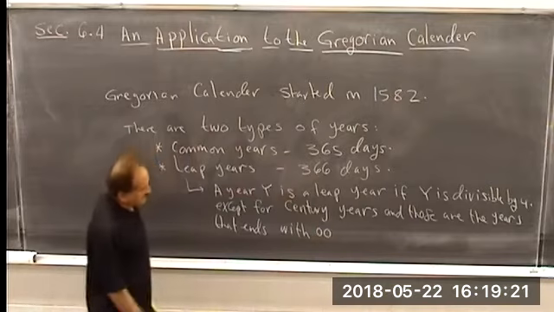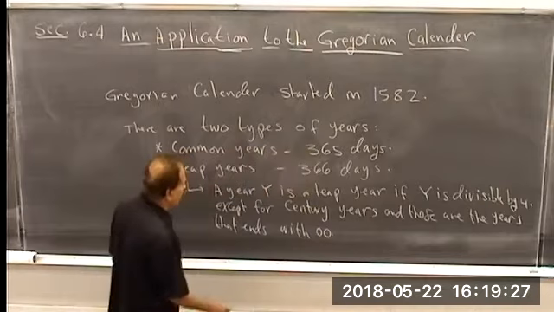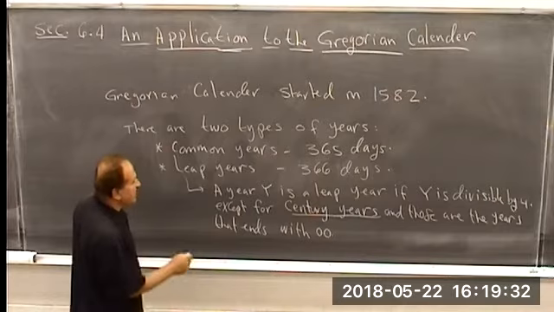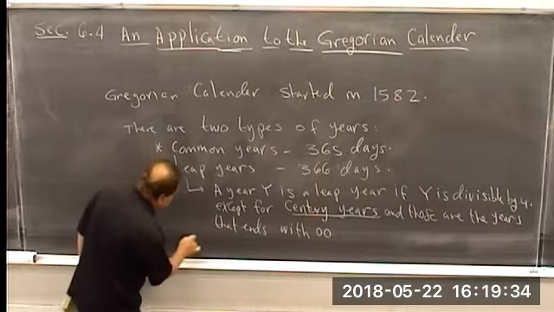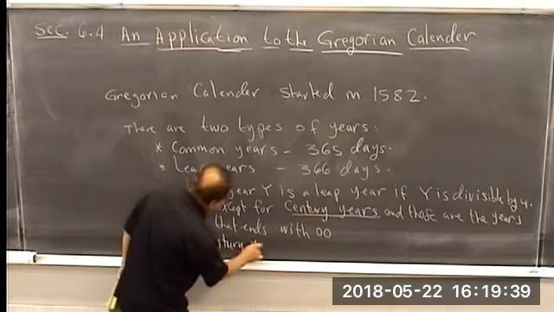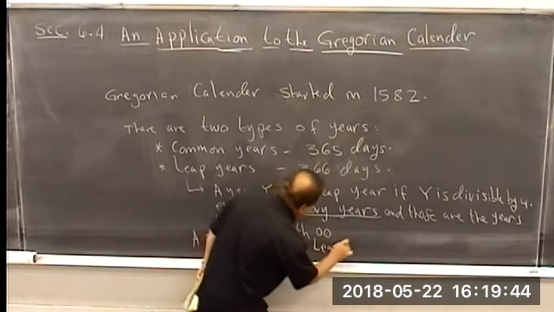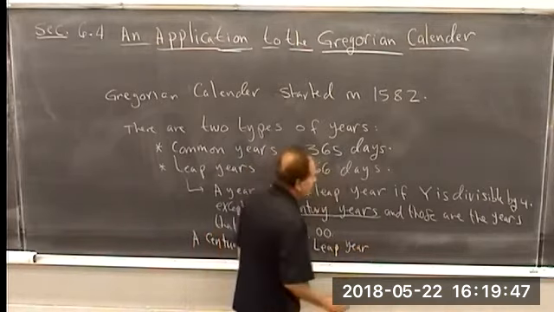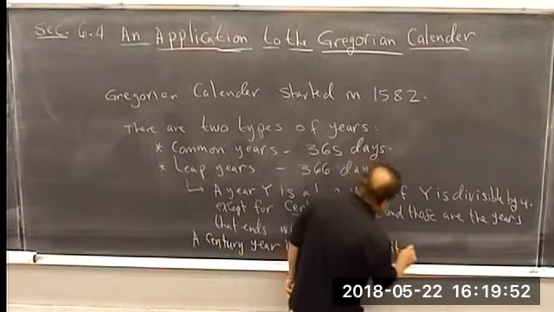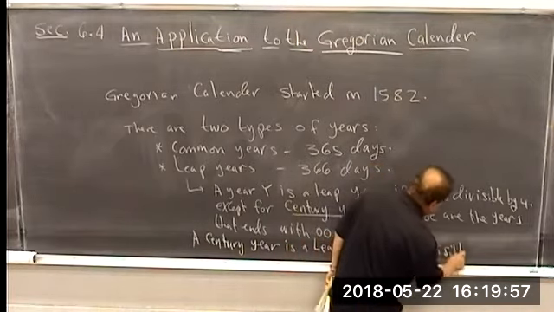Each one of these years is going to be divisible by 4, and these are called century years. A century year is a leap year if it is divisible by 400.